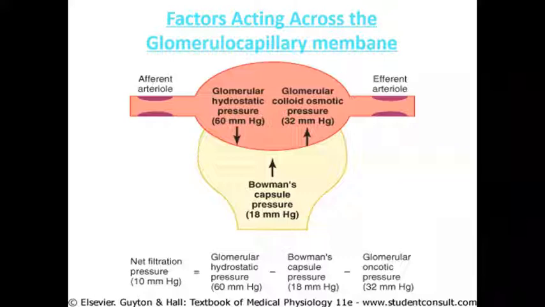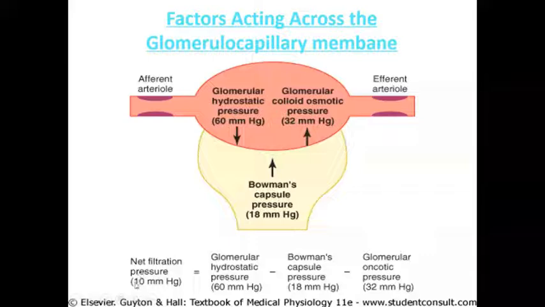So coming down here, the net filtration pressure is equal to the glomerular hydrostatic pressure, which is 60, minus the Bowman's capsule pressure, which is 18 millimeters of mercury, and also minus the oncotic pressure. When you subtract this, you're going to get 10. So 10 will be the net filtration pressure.